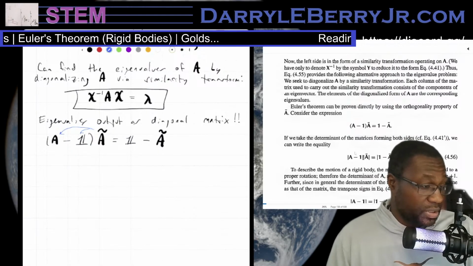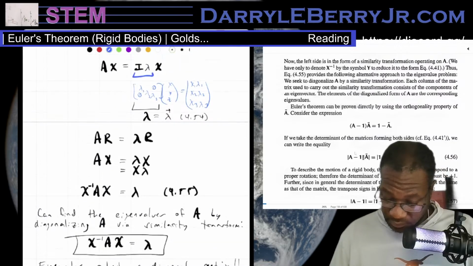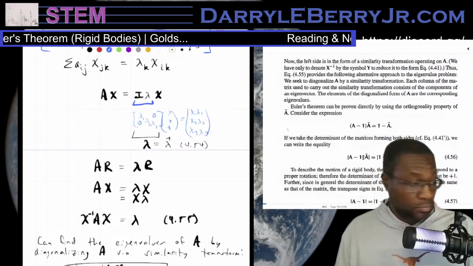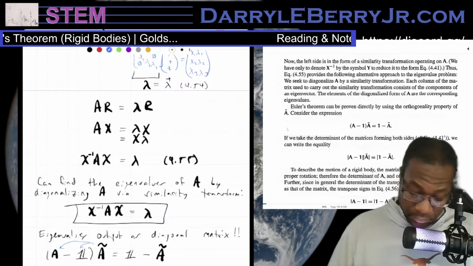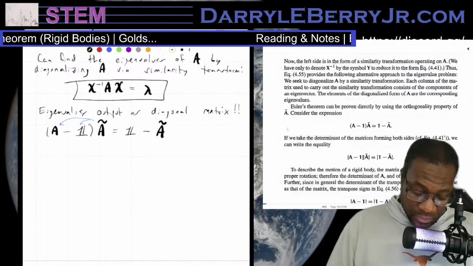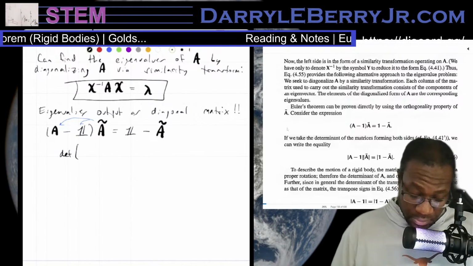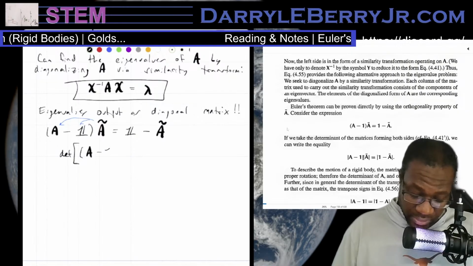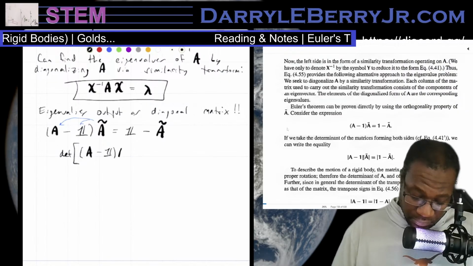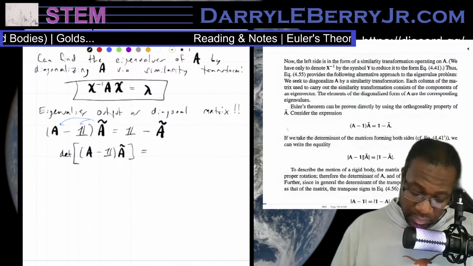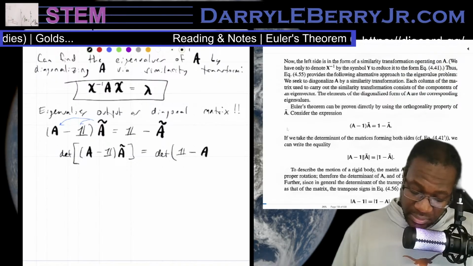If we take the determinant of the matrices forming both sides, we can write the equality that determinant of A minus identity matrix A transpose equals determinant identity matrix minus A transpose.